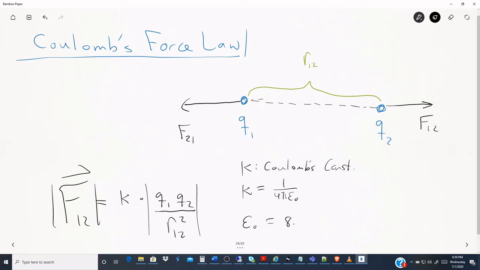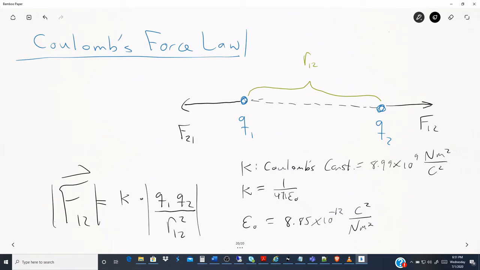Epsilon 0 is 8.85 times 10 to the negative 12th, and Coulomb's constant is 8.99 times 10 to the 9th. The units for Coulomb's constant are Newton meters squared per Coulomb squared, and the units for the permittivity of free space are the reciprocal of those units, Coulomb squared per Newton meter squared.